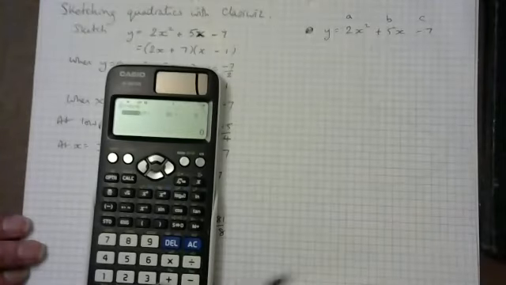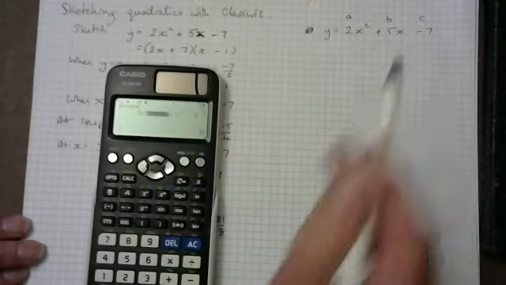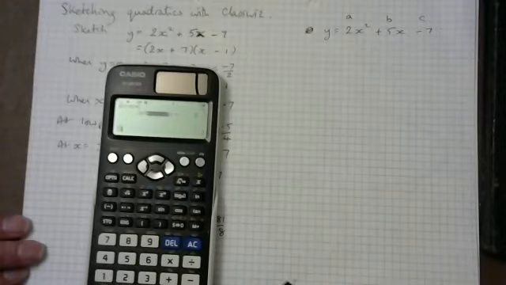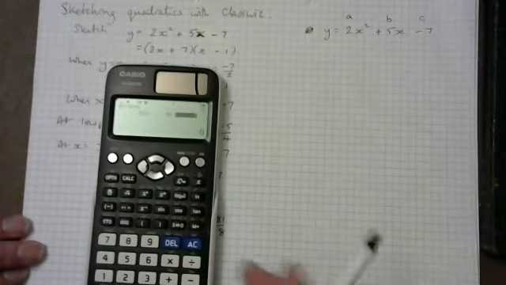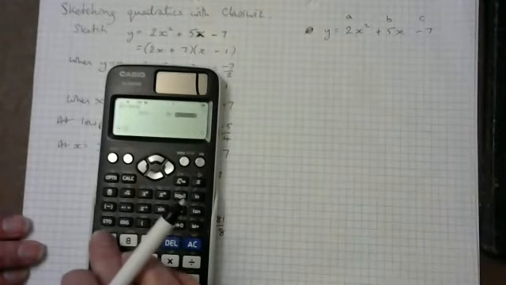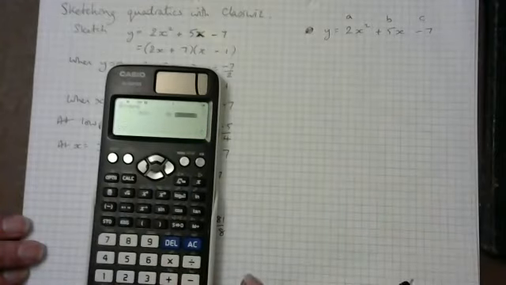Let's enter that into the calculator. A is 2, B is 5, C is negative 7, don't forget the negative part. And the calculator will now give me lots of information.